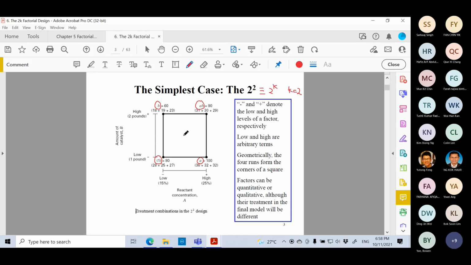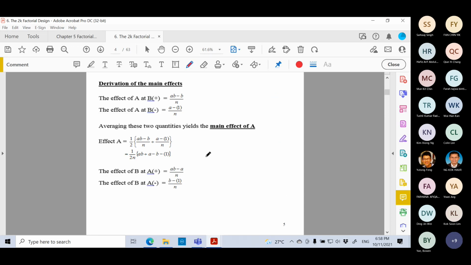The question is asking, if you want to look at the effect of A at B positive, this one is factor B. Okay, maybe I will put the diagram here again.